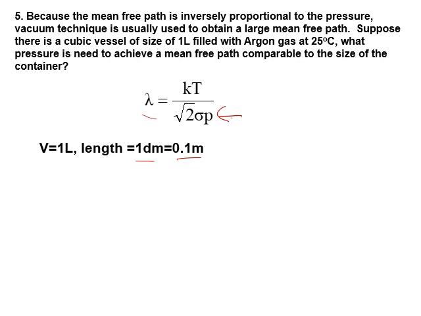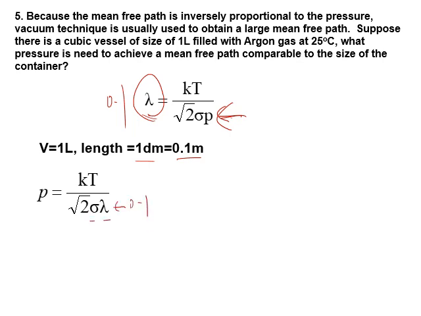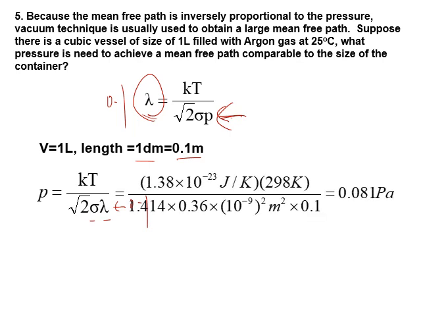For the mean free path to be comparable, that means the mean free path is 0.1 meter, and we want to calculate the pressure. Modifying this equation, the pressure can be calculated by kT divided by square root 2 times cross-section area times mean free path, which in this case is 0.1. So plug in all the data: Boltzmann constant, temperature, square root of 2, cross-section area, mean free path, and that gives you 0.081 Pascal.